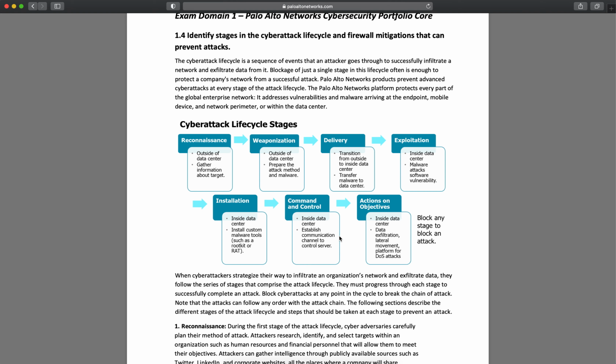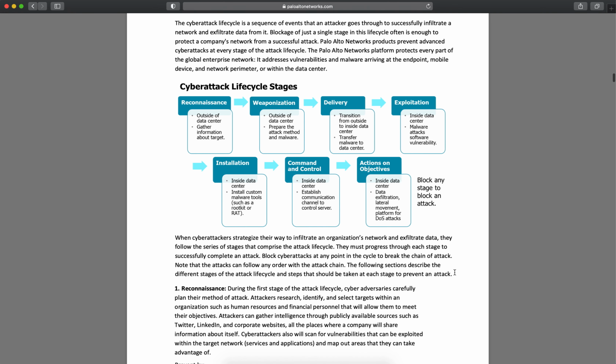So it could be going to a number of different servers. There's a URL filter for command and control. That's one of the options that you can block. So that's where they kind of mitigate that. And then actions on objectives.